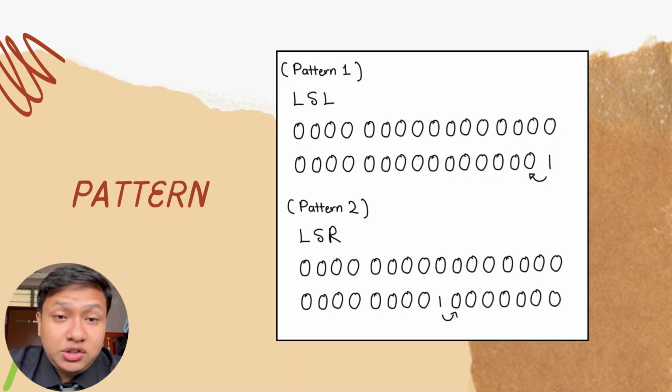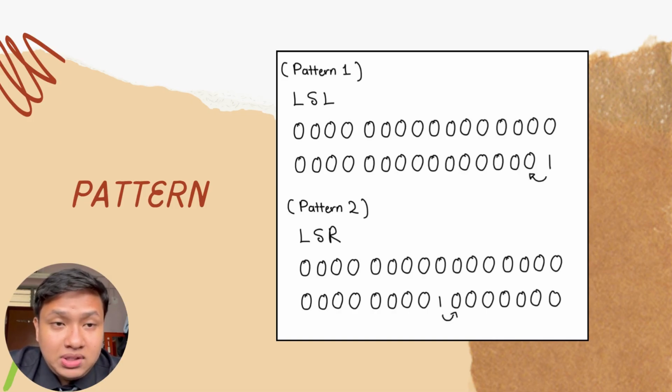So right now we are at the step of declaring our pattern. Since our question requires us to move the LEDs in sequence, we are going to pass the value 1 to one LED at a time. The best solution that we came up with is using left shift for the forward sequence and right shift for the reverse sequence.